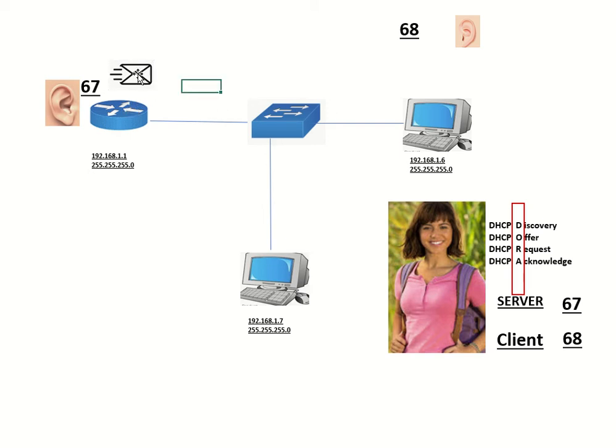Now, if you are wondering whether the DHCP offer message is going to be a broadcast, that actually depends. That depends on the discovery message flag that was set by the DHCP client.